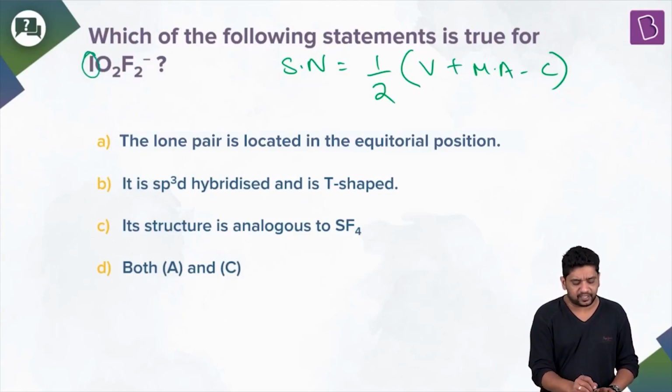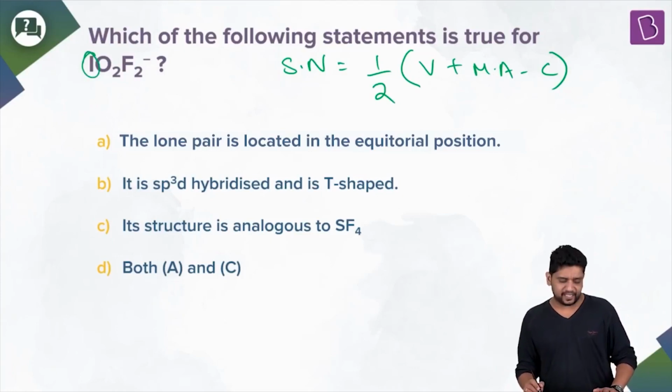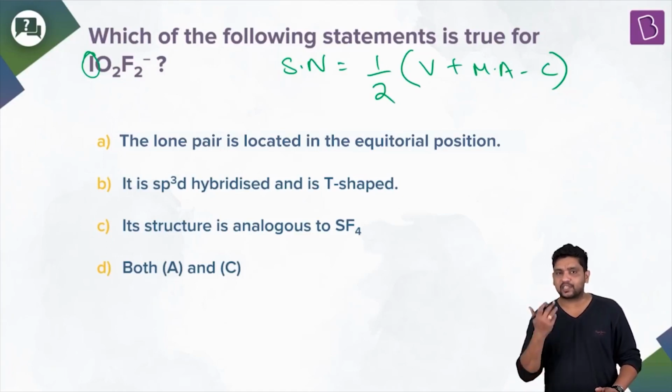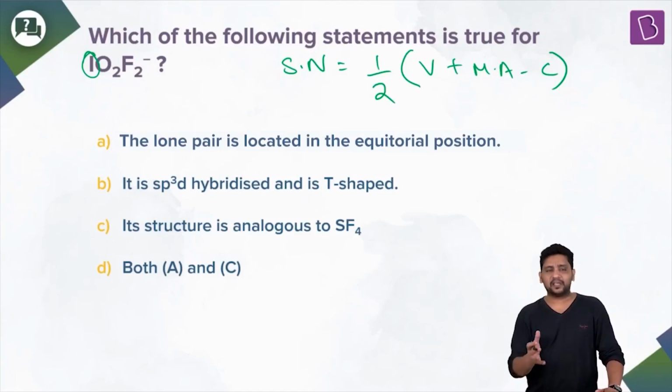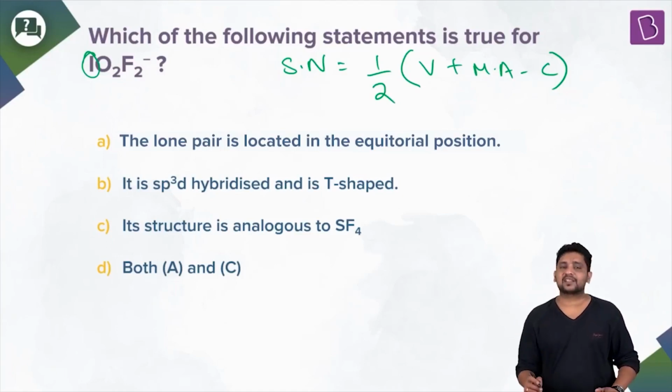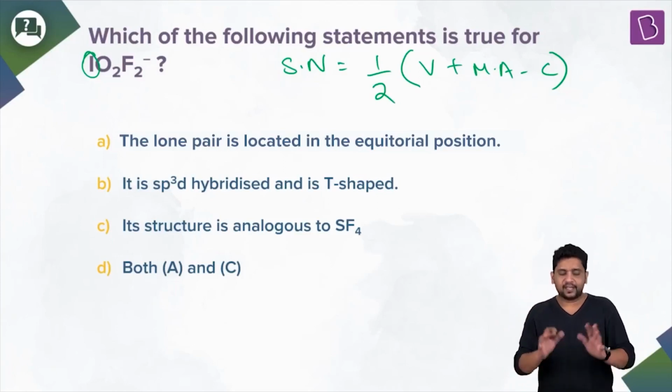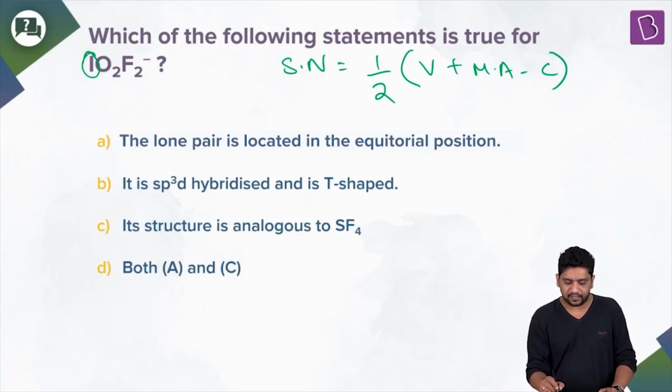Looking at all of these criteria, iodine is going to be the central atom here. Oxygen and fluorine are the two most electronegative elements, and fluorine is never a central atom here because iodine is there, which can show a larger valency of 7 after expansion. Hence iodine will be the central atom.